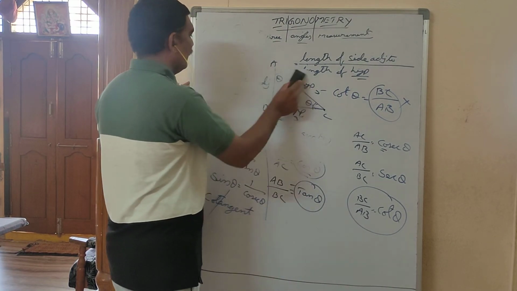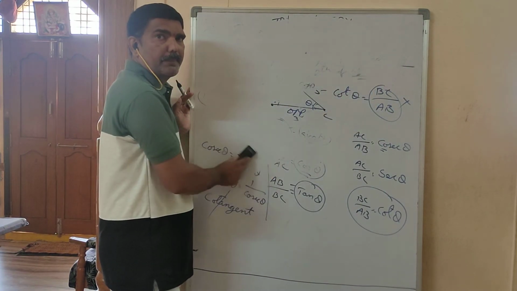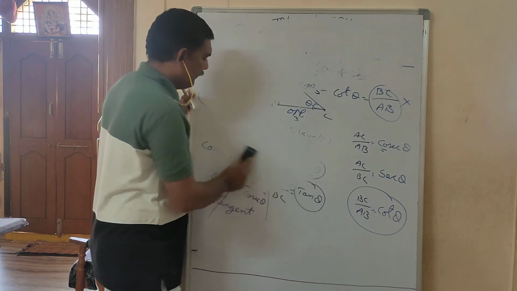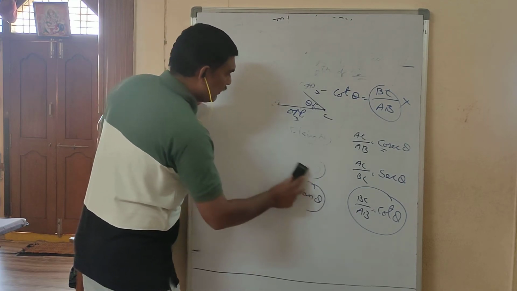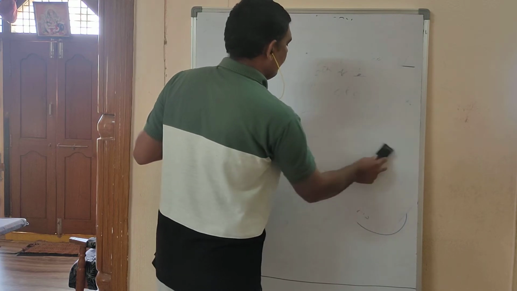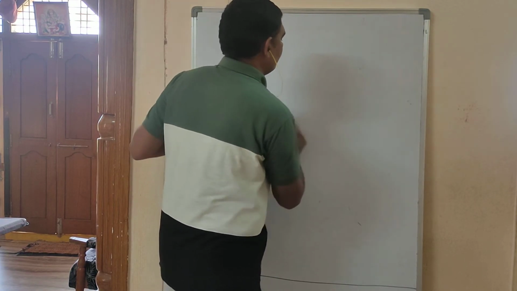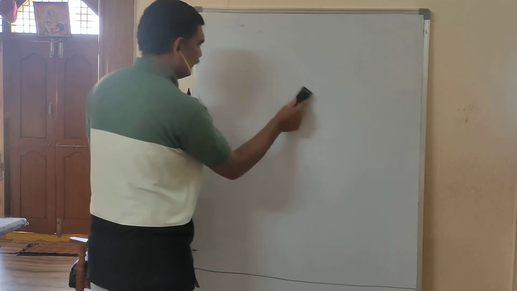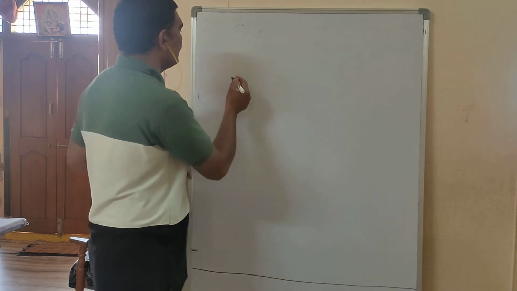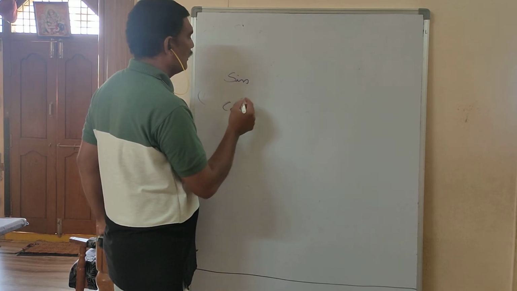Then we'll see the values of this one, and I'll also say the important identities. The main important ones are sine and cos.